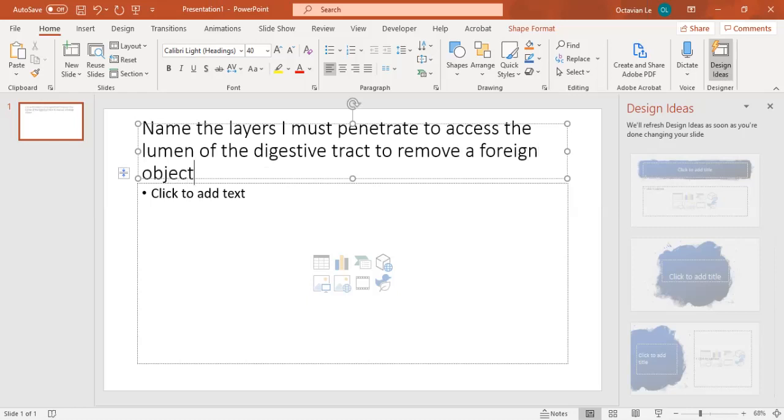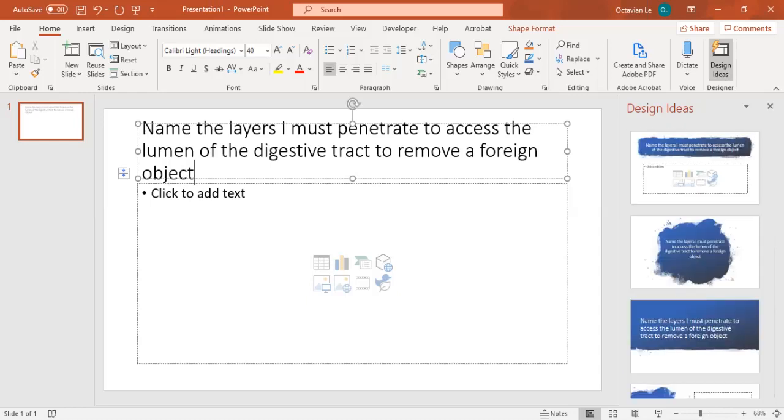Let's say someone swallows a coin per se, and kids do swallow coins, and it happens to be lodged into one segment of the digestive tract, and we want to go in and remove the coin. We just have to make an incision, and we start and remove, going layer by layer to open it to remove the object.